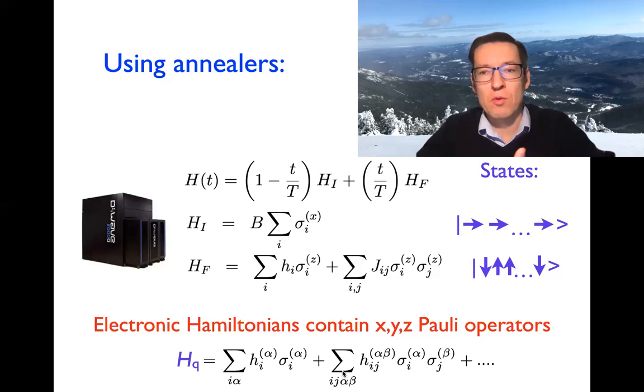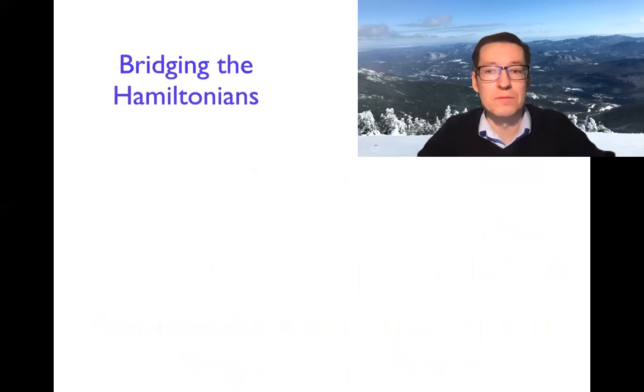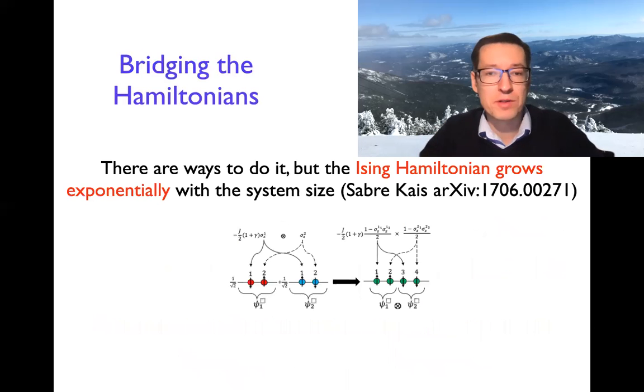Now, if someone wants to generate the solution for the electronic Hamiltonians on a quantum annealer, a natural idea would be to somehow map the electronic Hamiltonian to the Ising Hamiltonian. That's a challenging task, but it turns out bridging those Hamiltonians is possible.